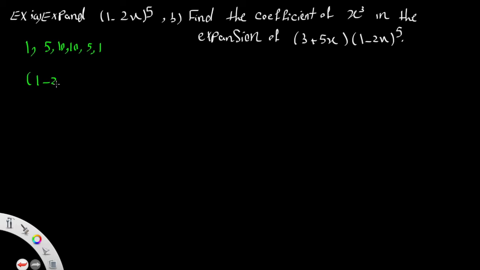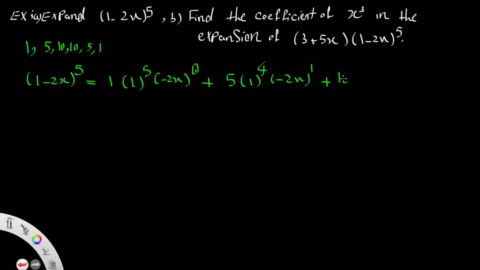Now (1 − 2x)^5 will be 1 to the power of 5, (−2x) to the power of 0, plus the next coefficient is 5, then 1 to the power of 4, (−2x) to the power of 1, plus the third coefficient is 10, 1 to the power of 3, (−2x) to the power of 2, plus again 10, 1 to the power of 2, (−2x) to the power of 3.